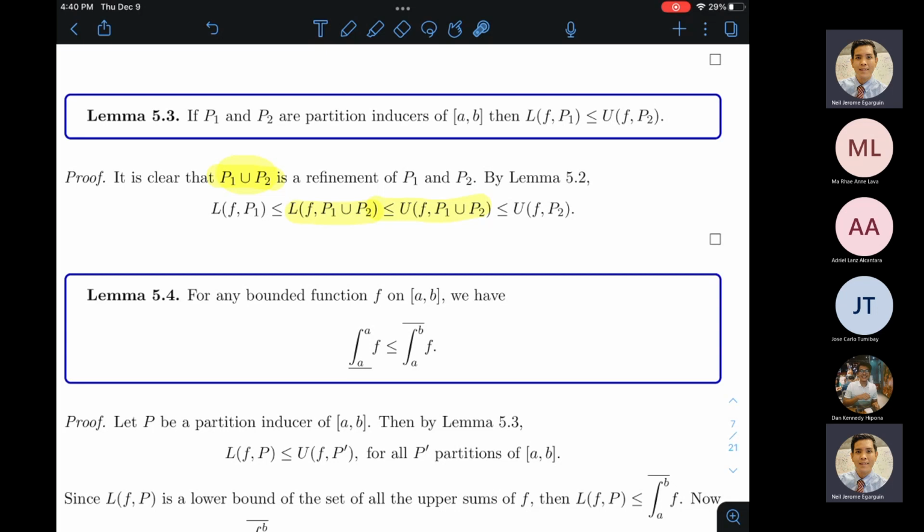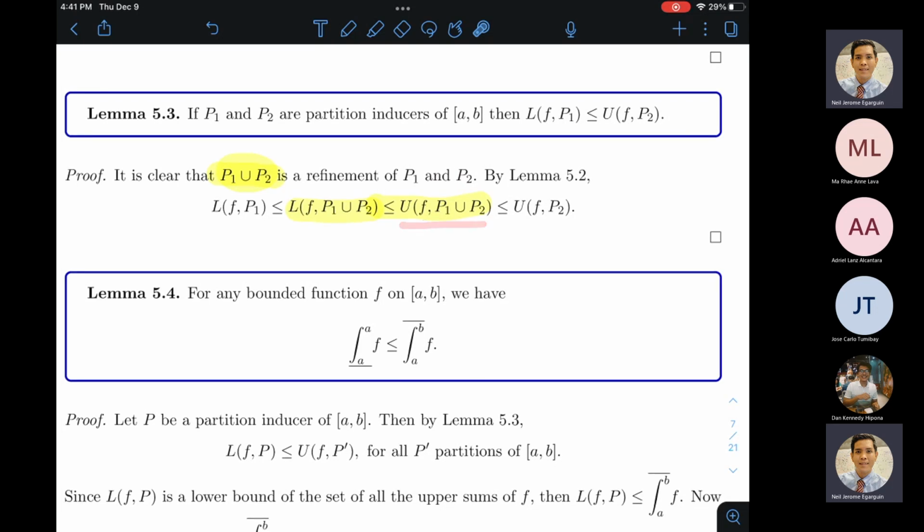Okay? And then, doon naman sa kabila, gagamitin ko ulit si Lemma 5.2. Yung upper Riemann sum ng isang refinement ay mas maliit kesa sa upper Riemann sum prior to the refinement. Okay? Eh si P1 union P2 ay refinement ni P2. So, ibig sabihin, yung upper Riemann sum ni F relative to P1 union P2 ay mas maliit kesa sa upper Riemann sum ni F relative to P2.